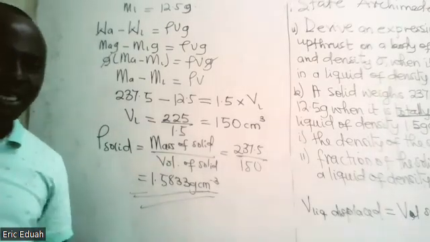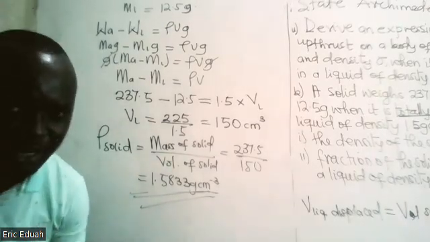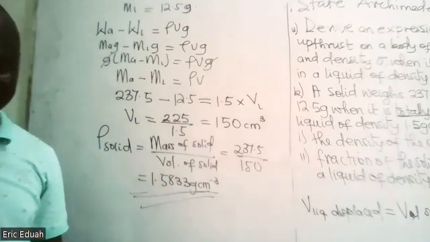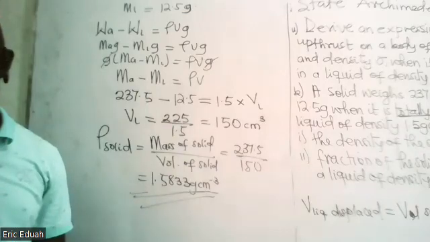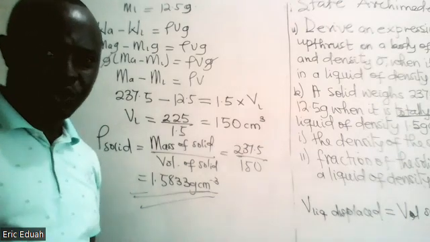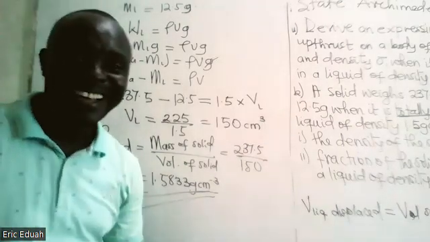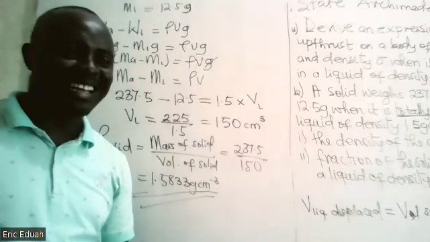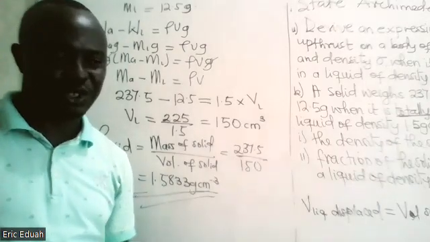Whichever way you take, it will take you to the same destination. Are you okay? Good. I'm sure by now it's obvious which way to go, but it depends on the information a question gives you.